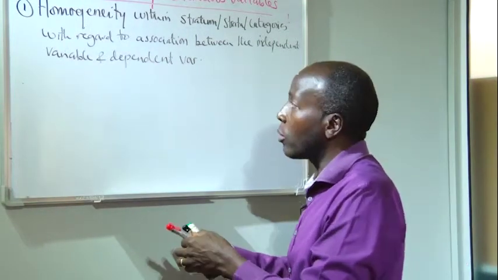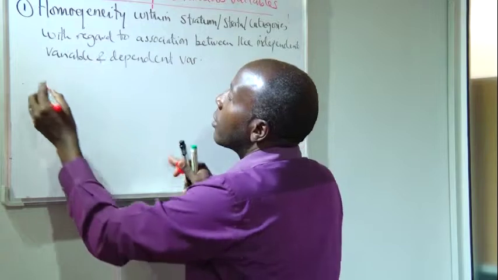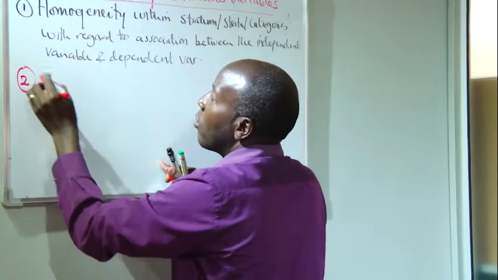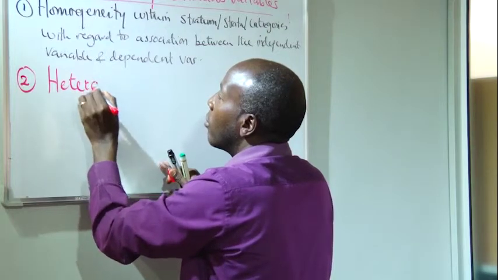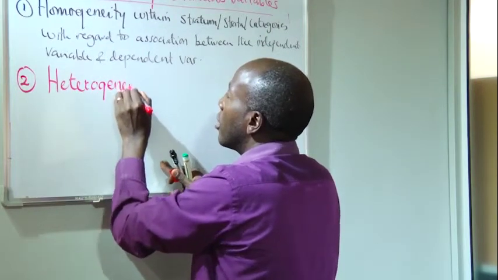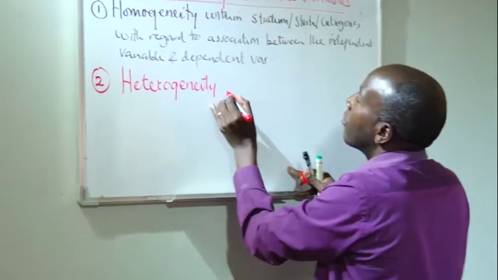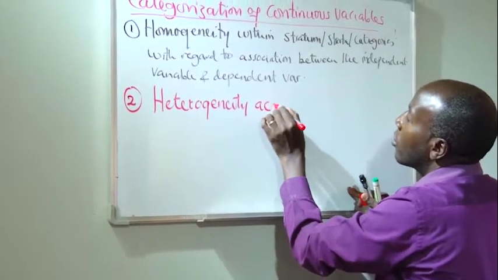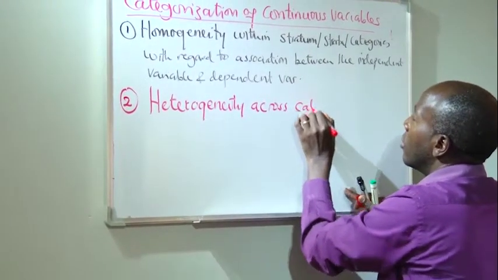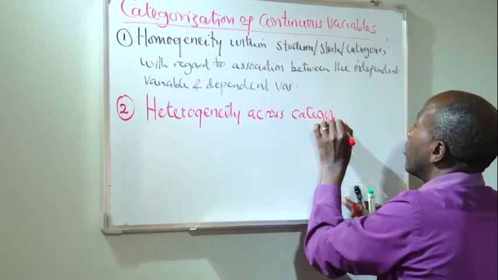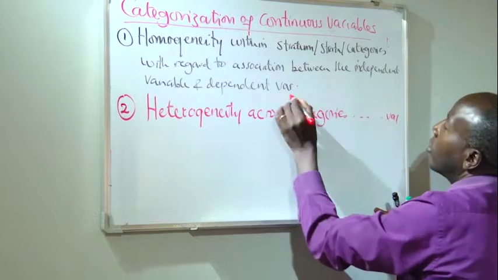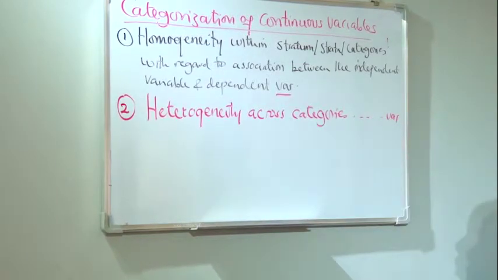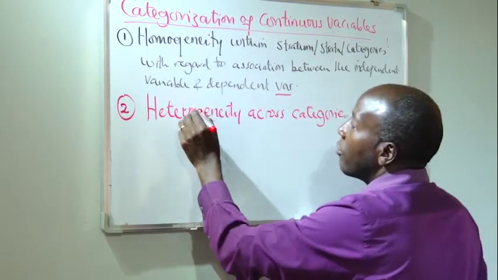Now, the second reason is the converse or the opposite of the first: heterogeneity across the categories. And everything else is the same up to here. So heterogeneity meaning difference.